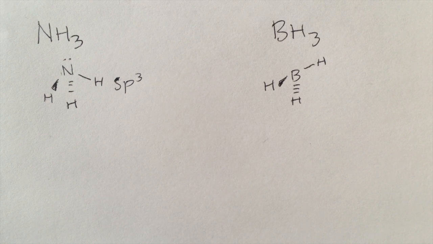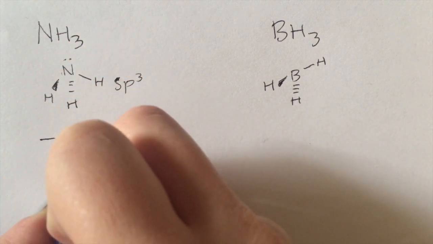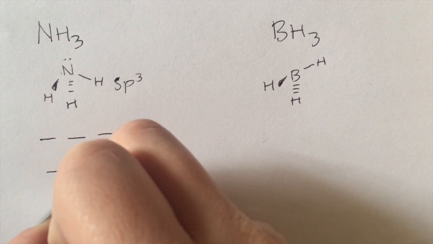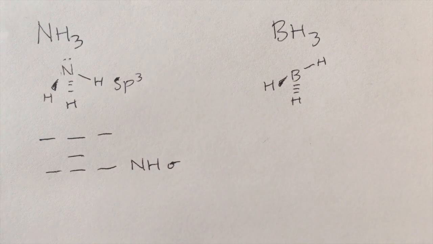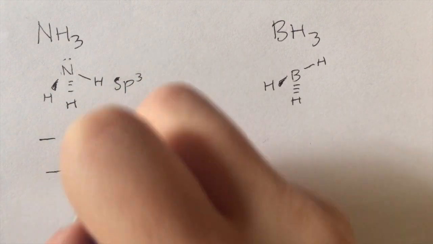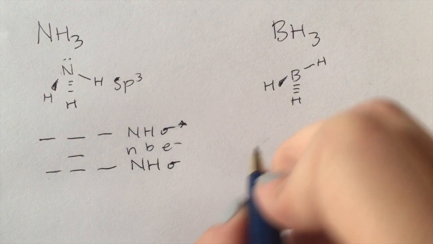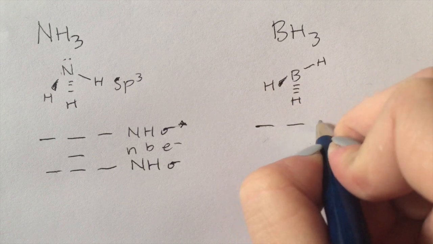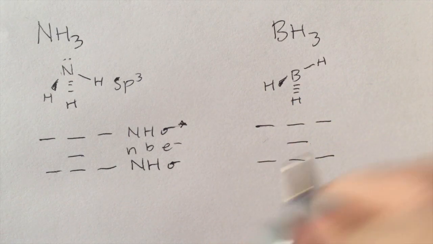So next we're going to draw in a molecular orbital energy diagram that shows all of the electrons on each of these molecules. So first we're going to do NH3, and we have an NH sigma bond and an NH sigma star bond, and those are the bonding and anti-bonding orbitals of the NH3, and in between we have non-bonded electrons, which are higher in energy than the NH sigma bond but lower in energy than the NH sigma star bond.